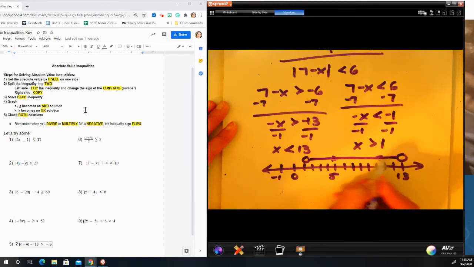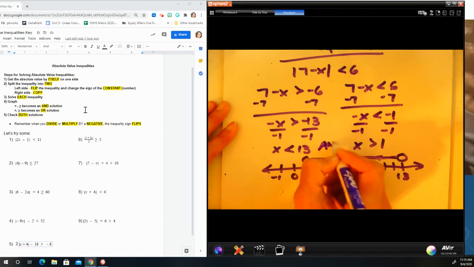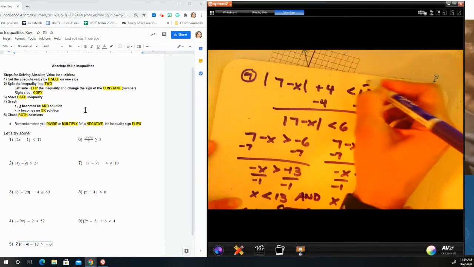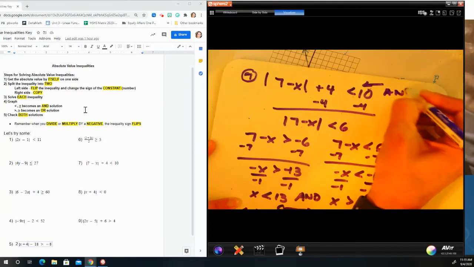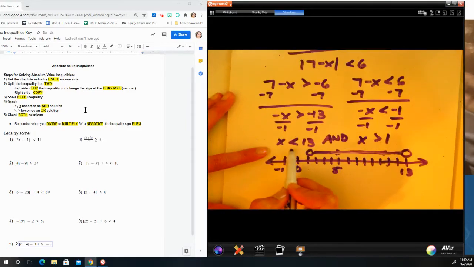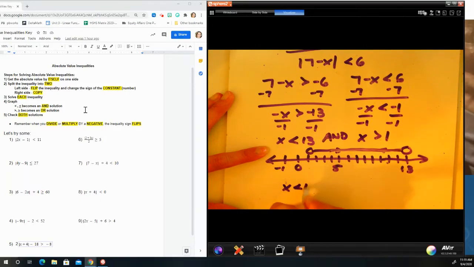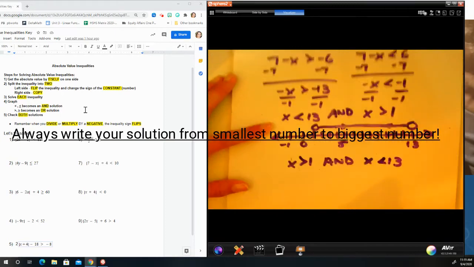So this is an and. So my solution is x is greater than 1 and x is less than 13.